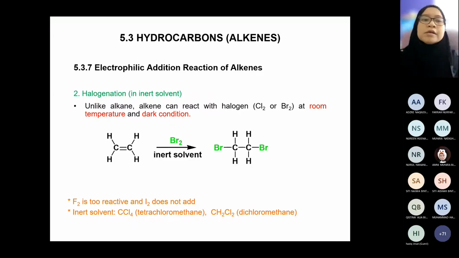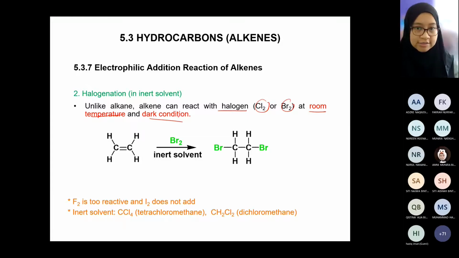Okay, so unlike alkane, alkene can react with halogen like chlorine or bromine at room temperature and in dark condition. So in comparison to what we have learned for alkane last time, alkane cannot simply react with halogen in dark condition and at room temperature.